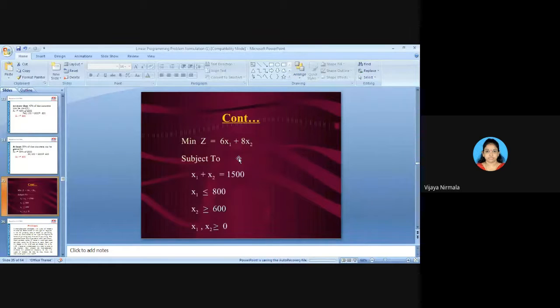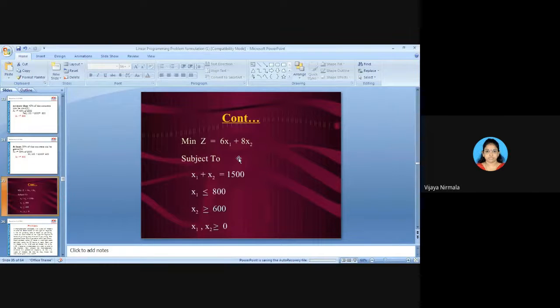And the last, what you have to write? Non-negativity constraint. Whatever it may be, the sand and gravel, do we get negative values? We don't get, right? Do you produce minus 20 sand? Can you get it? No. So the variables which you take must always be non-negative.